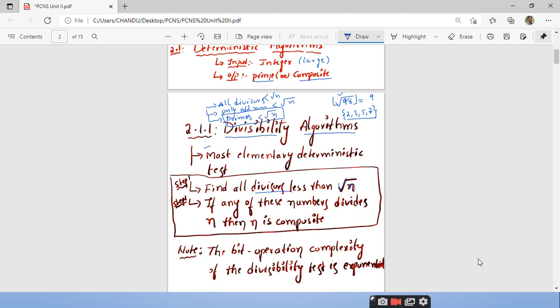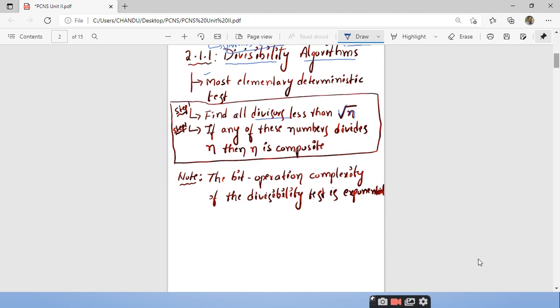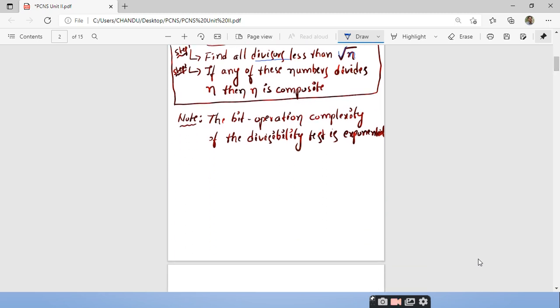If any number from the set divides n, we say the number is composite. If none of the numbers divides n, we say that it is prime. Clear? Yes, sir. Right.